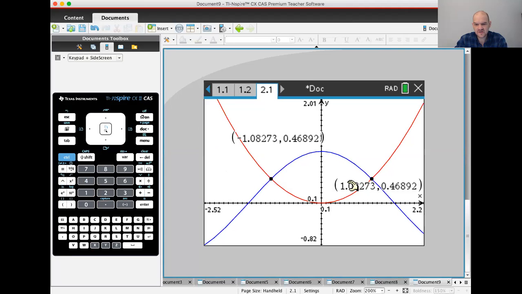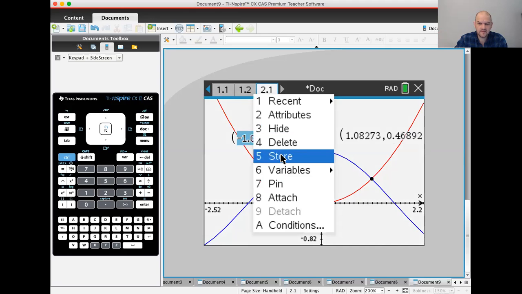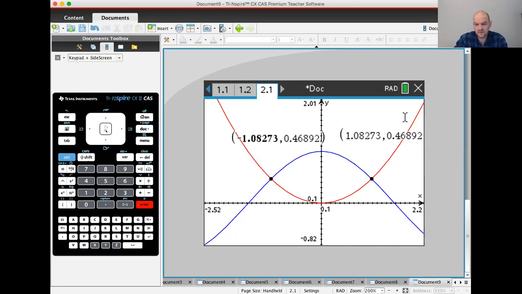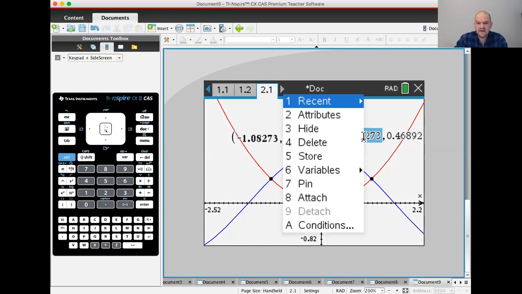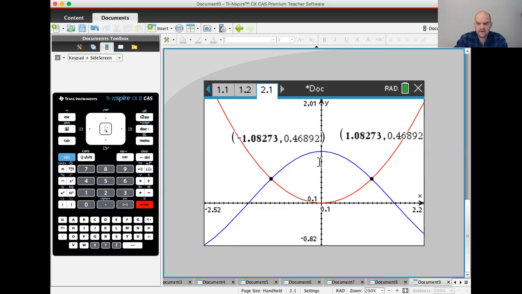It is symmetric, so we could go 0 to the intersection point and then just double it. It's up to you. I'm going to store these, so I'm going to do control menu. I'm going to store this as A because it's the lower bound, and I'm going to store this as B. Now when I'm handwriting it, I could just store A and then do the negative of A, but I'm not going to do that.